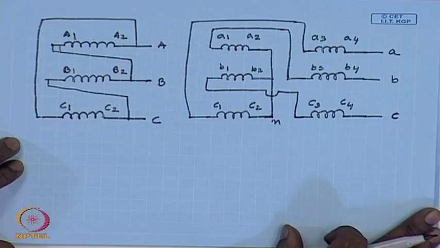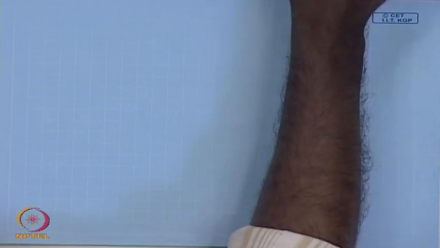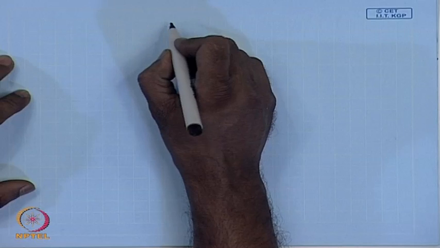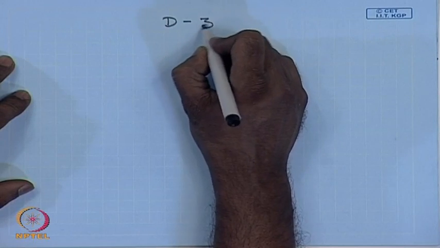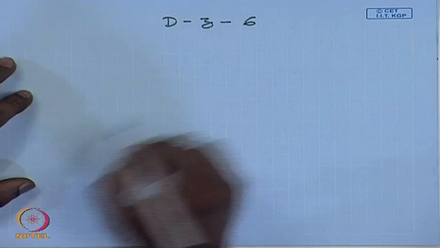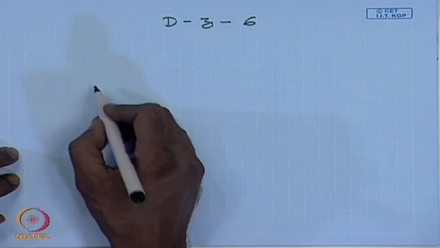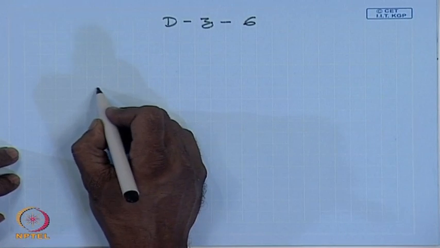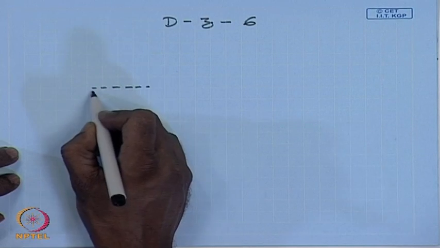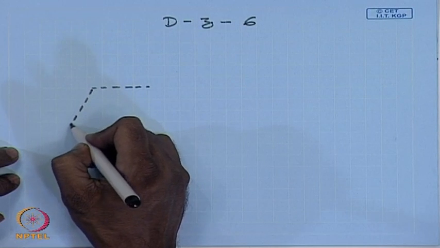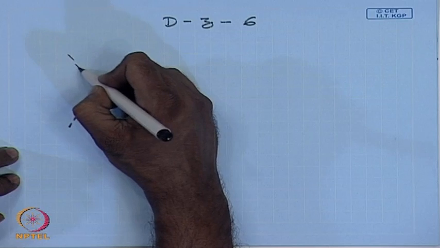How do we get a DZ 6 transformer? DZ 6, again the line to neutral voltages are these on the delta side.